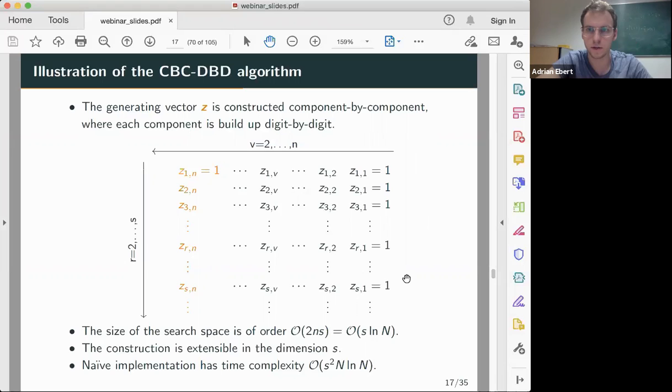I will give an explicit way of how the construction cost can be reduced and computed. But what is noteworthy here is that, just based on the definition of the algorithm, one can already see that the construction is extensible in the dimension s, which is a favorable property for such construction algorithms.